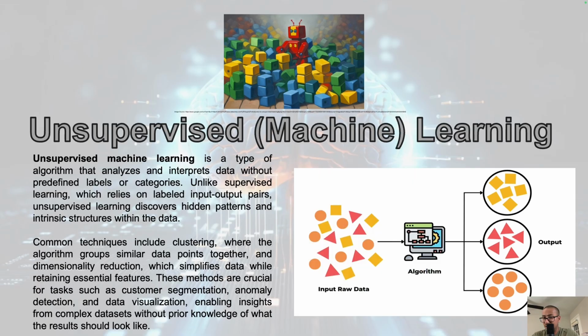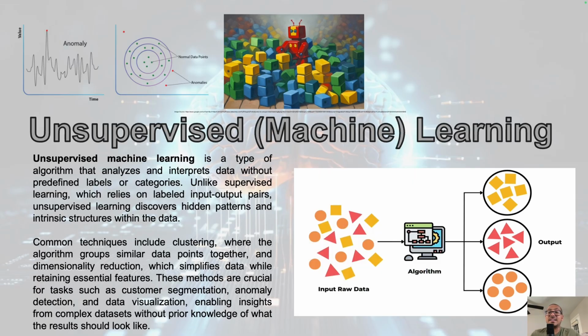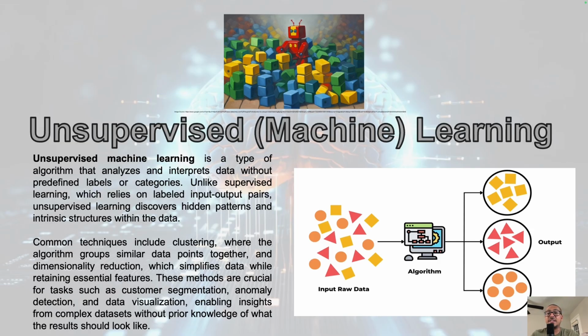In anomaly detection, unsupervised learning identifies unusual patterns in the data, like detecting fraud in banking transactions, credit card transactions, etc. Another use case is data visualization, where large data sets are simplified for easier analysis, allowing us to see insights that were not seen previously.